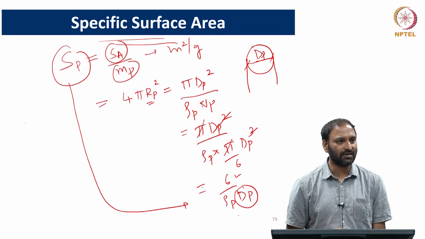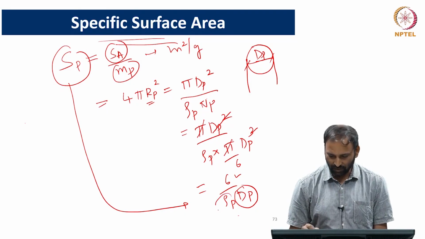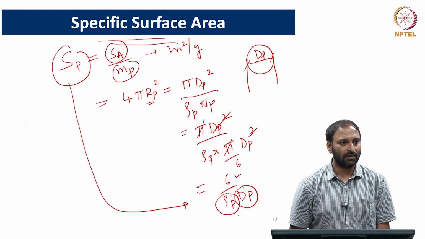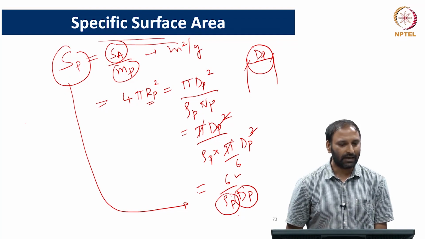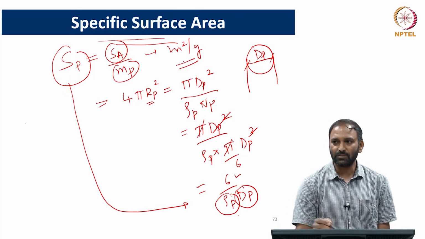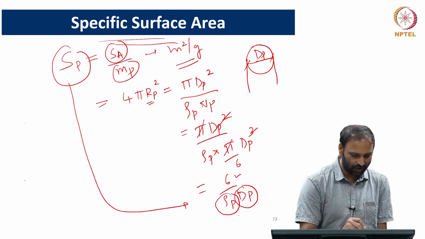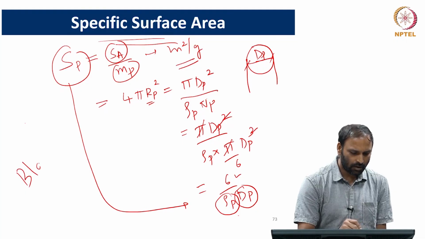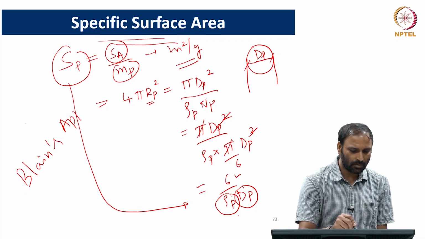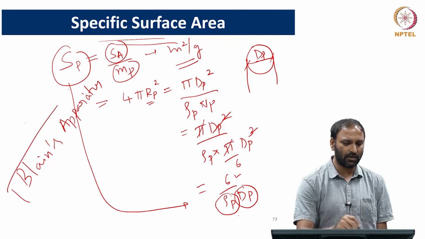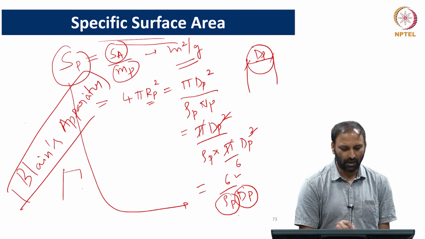If I have a way of measuring size of the particle, if I have a way of measuring the density of the particle, I can actually directly get the specific surface area. Of course, there are other methods for measuring surface area. You would have heard of a technique called Blaine's apparatus. Have you heard of this? In which what is typically done is you basically make a bed of particles.